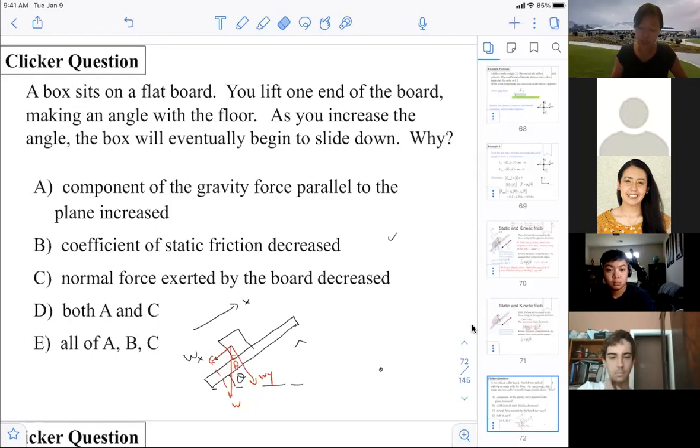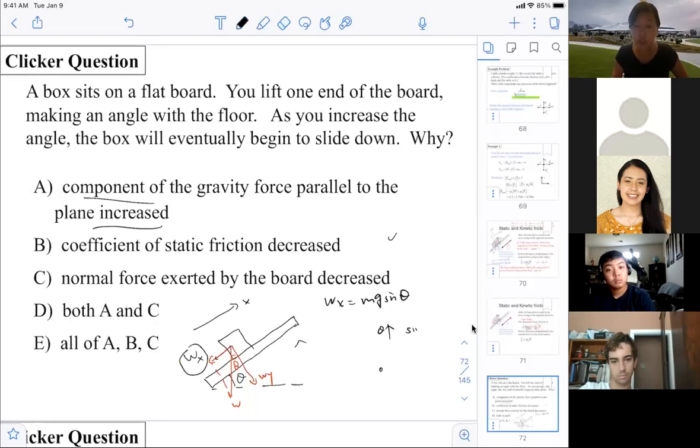So let's try to break it down and look at the different force components. The first sentence said the component of gravity increases. Now we know that is Wx. Wx is mg sine theta. So as theta increases, does sine theta also increase?